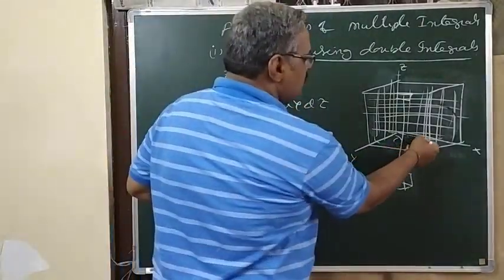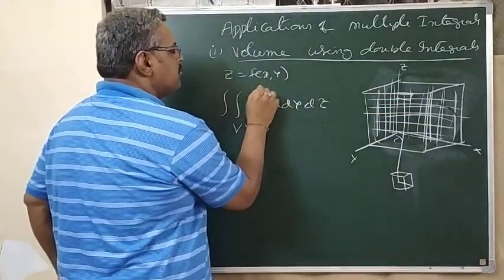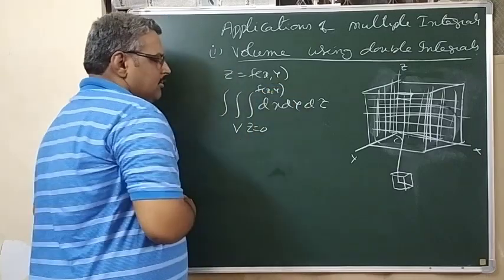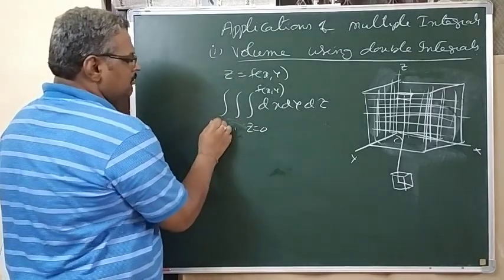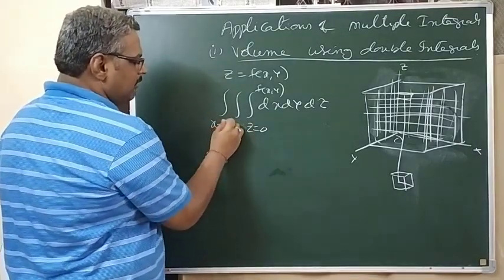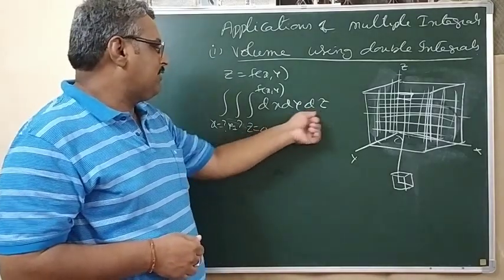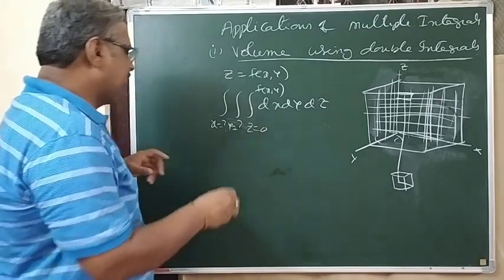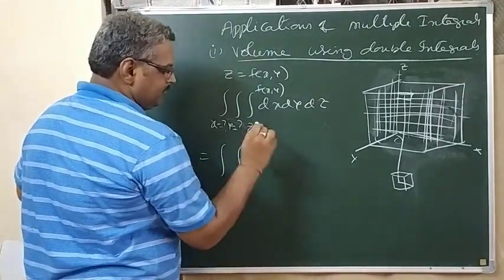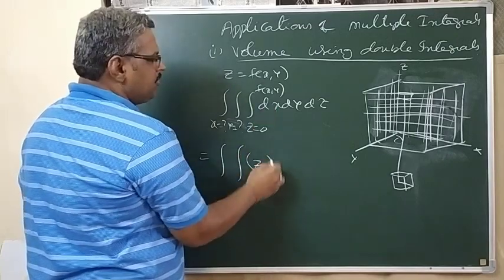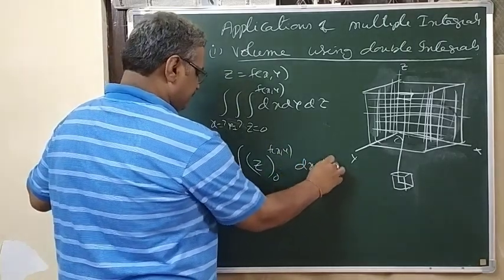Z limits are 0 to this function, f of x y. If you integrate with respect to z, the remaining two variables are x comma y. The integral of dz is z, and if you substitute the limits 0 to f of x y, we get the integral of f of x y dx dy.